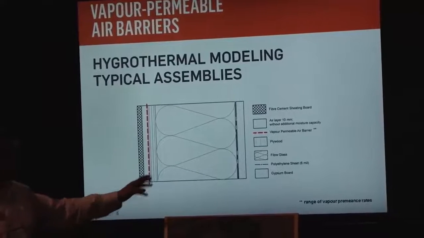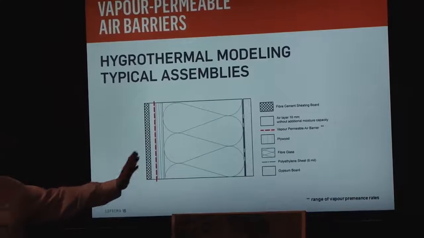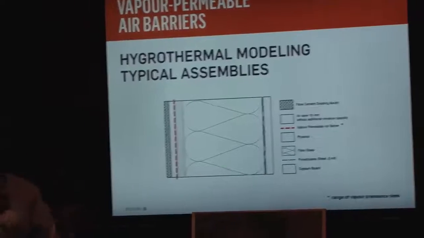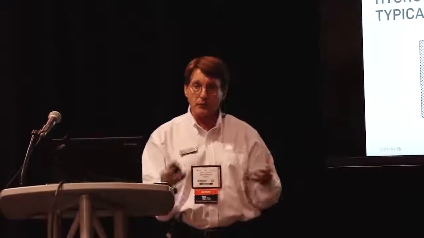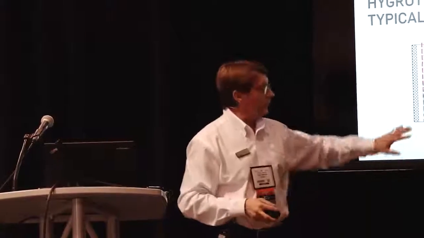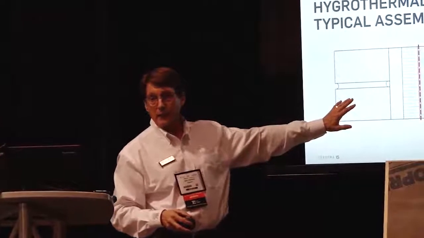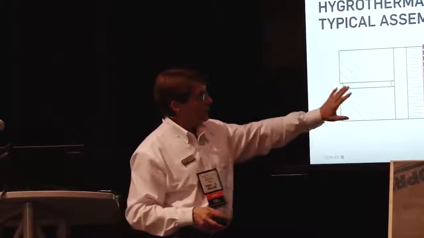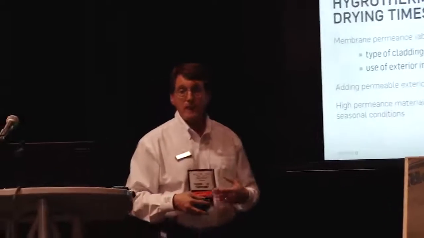Here's my air barrier, my plywood that was brought up to 28%, and the rest of the assembly. If you get a chance to come by our booth, we'll have more time to talk to you. As we went through the study, we referred to this as non-insulated cladding, and this as insulated cladding. So these are the 2 models that we sent through the WUFI program.